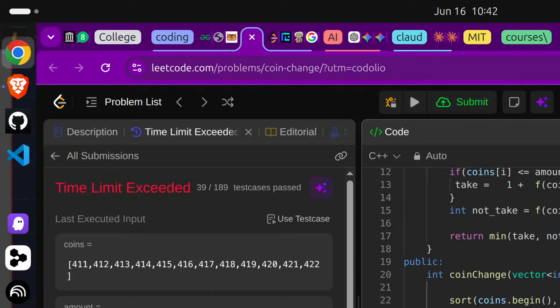Okay, so we have to take n plus 1 vector of integer, amount plus 1. Okay, so how can we initialize it? I think 0, right?